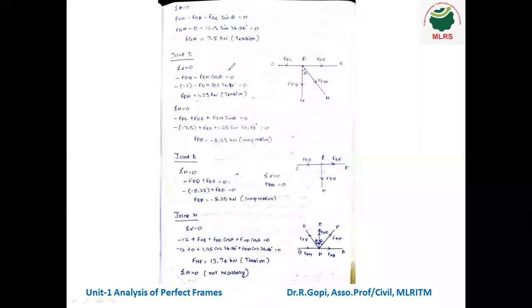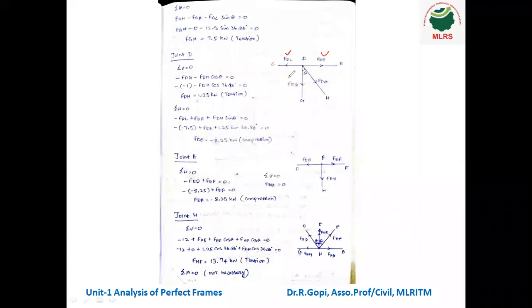So therefore, summation of V is equal to 0. So this FDG acting downward. So next FDH. So FDC and FDE would not come because it is purely horizontal.